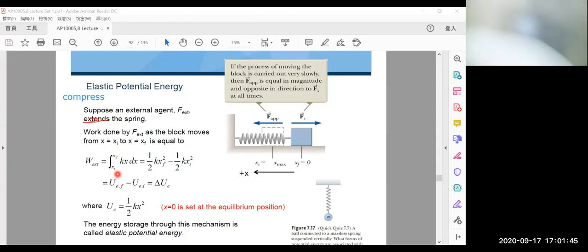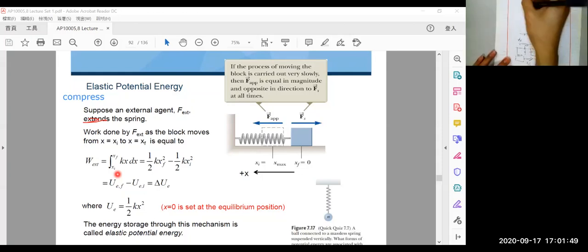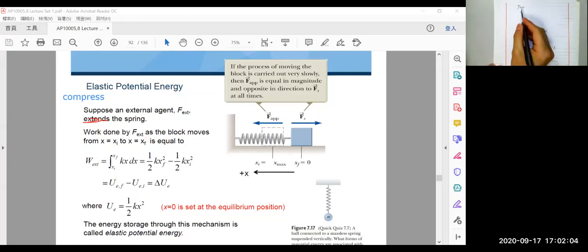If you look at the graph, look at the video camera, this would be the graph. This is the applied force against x.